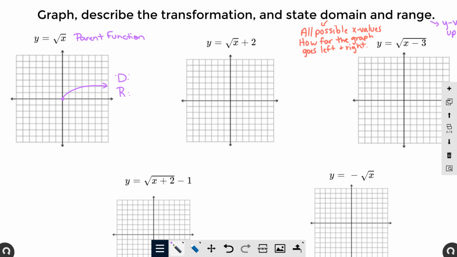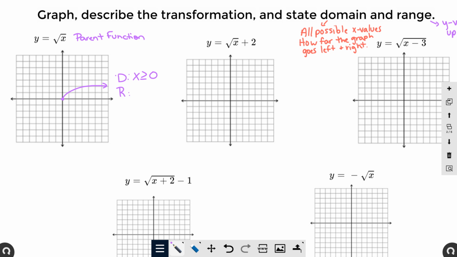Right. So our x values start at 0 and then go to the right. When you think about going to the right, you should think about numbers that are getting bigger. So we say x is greater than or equal to 0. They start at 0 and then they keep going.